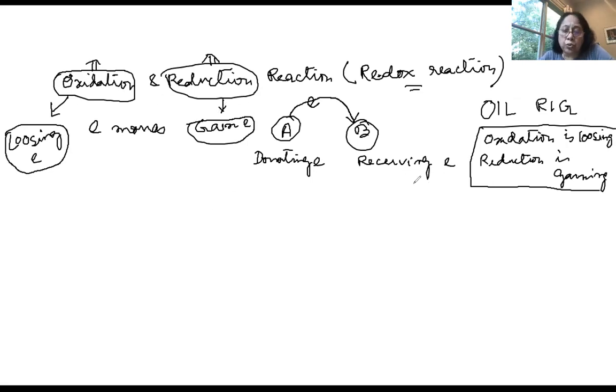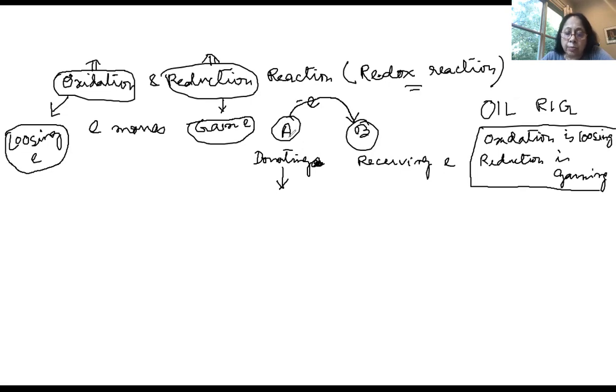Now a few things we have to consider. Over here, in this reaction, A is donating electron to B. Okay, so atom A is donating. Based on the definition, oxidation is losing.